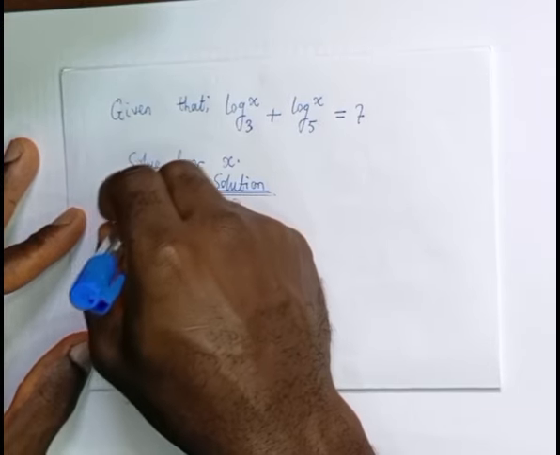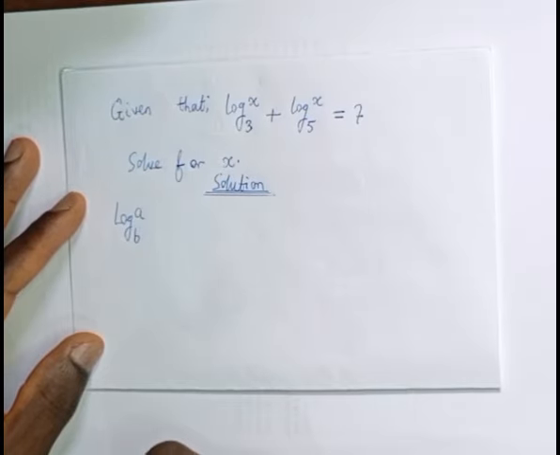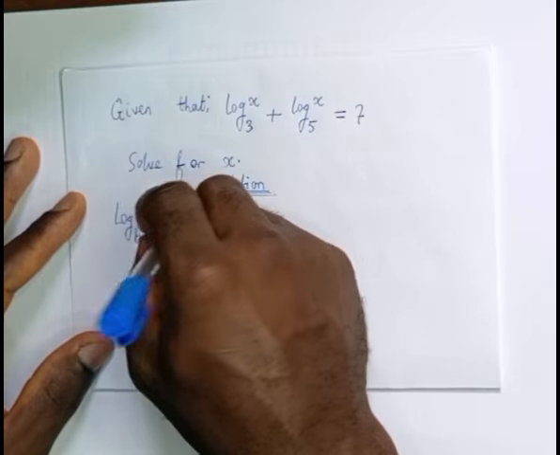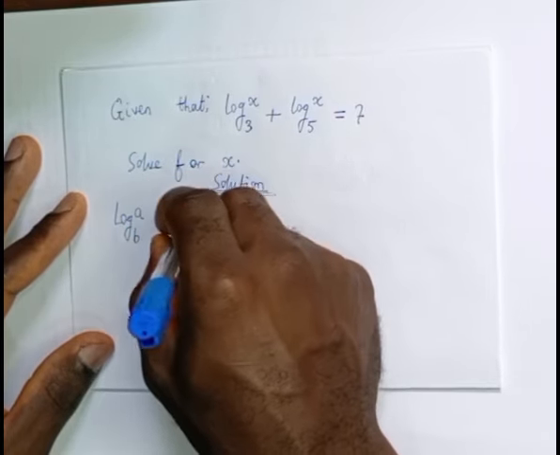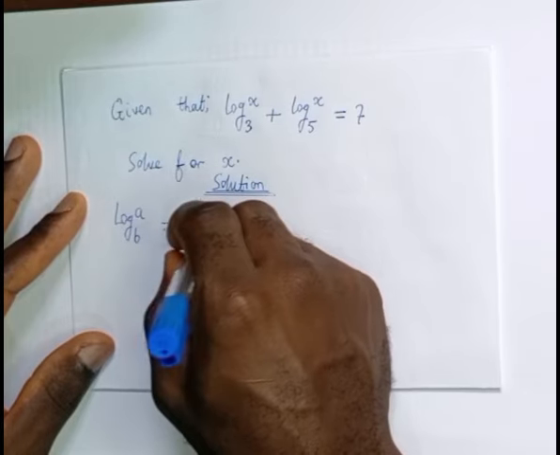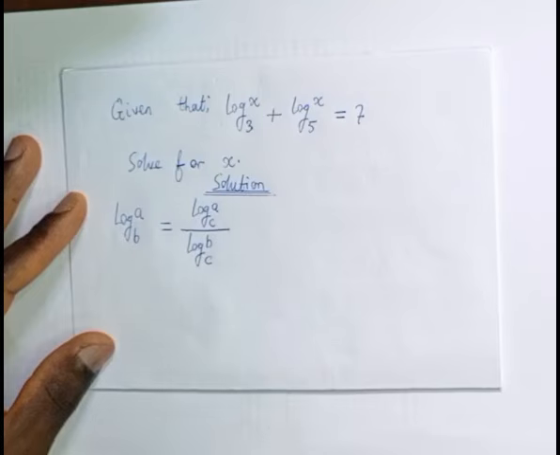We know if we are given log a base b and we are to change the base to a new base c, this will simply be equal to the log of a base c all over the log of b base c.